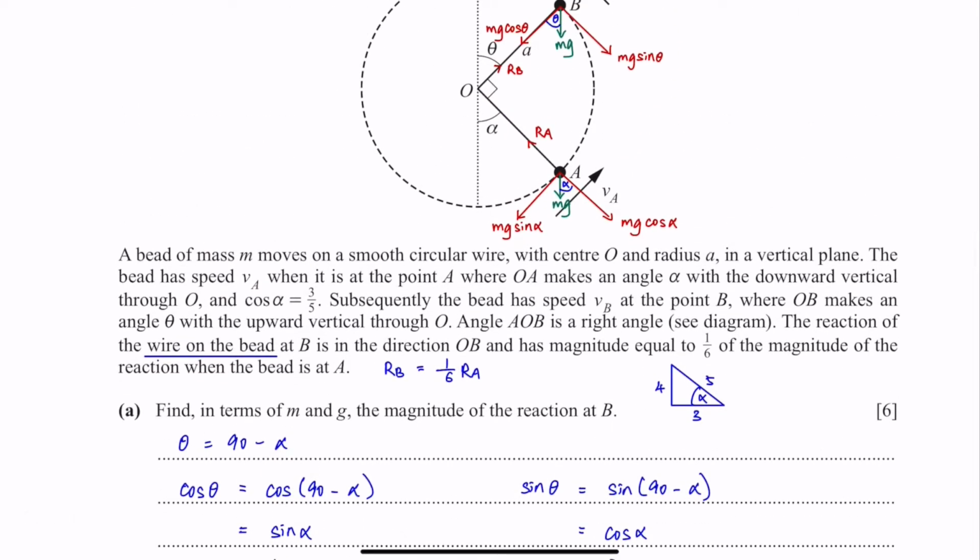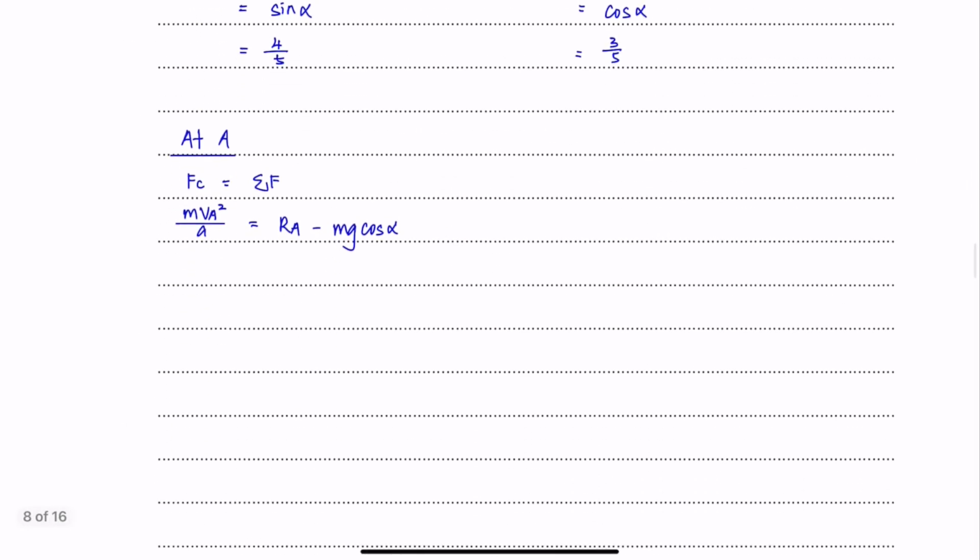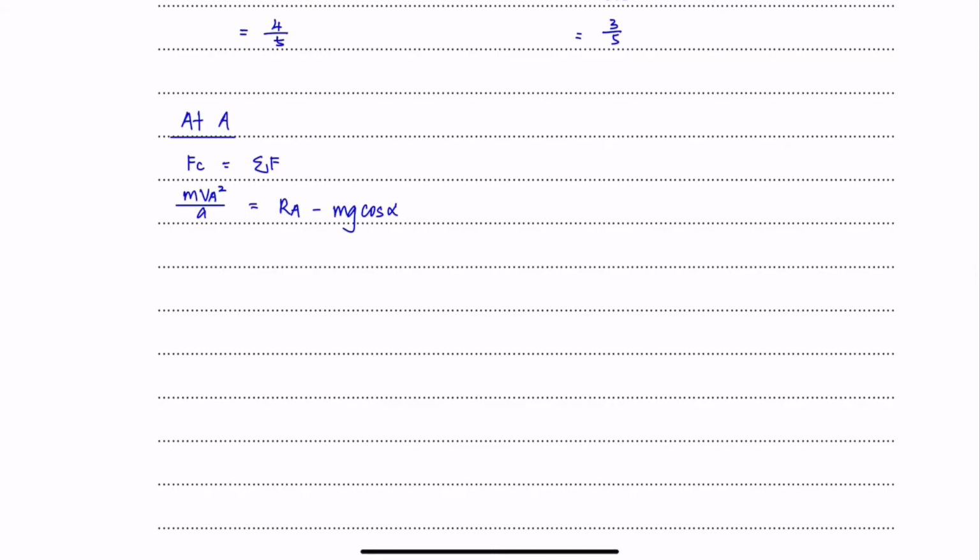The centripetal force is always directed towards the center, and that's why we have Ra minus mg cos alpha. This equals Ra minus 3 over 5 mg, and Va squared would be a over m times Ra minus 3 over 5 mg.